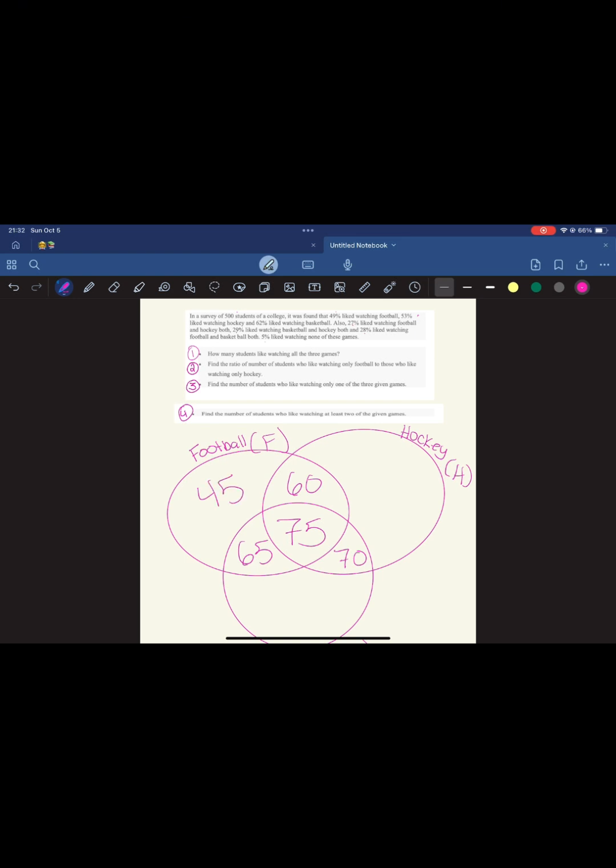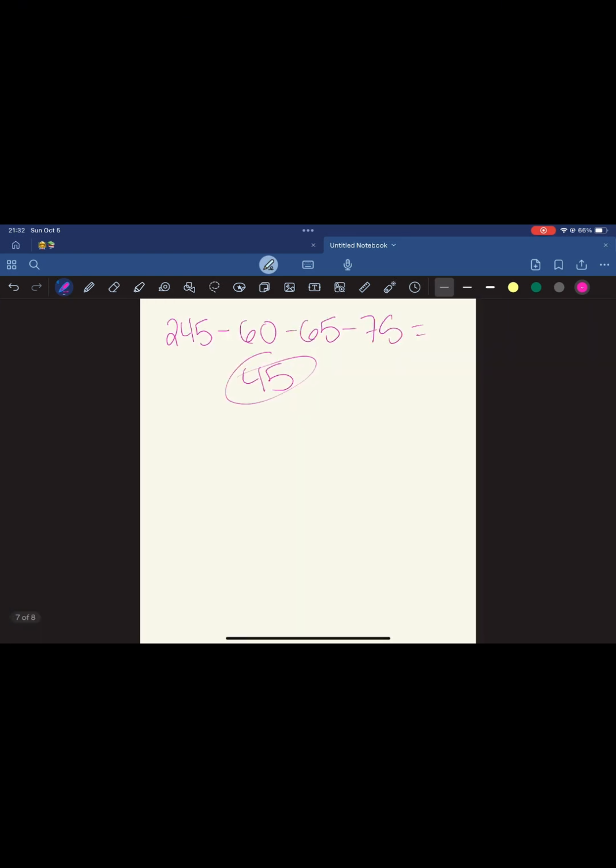But that means now we have our 45 and our 60. So now, since this is our ratio, we can make that a smaller ratio. So we're going to divide each side by 5, and that's going to give us 3/4.